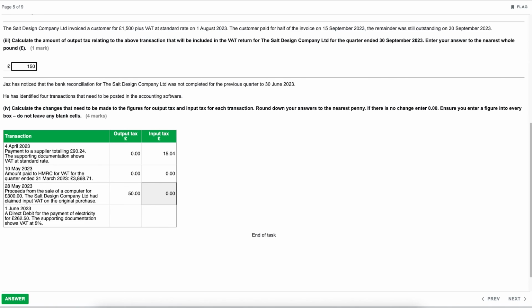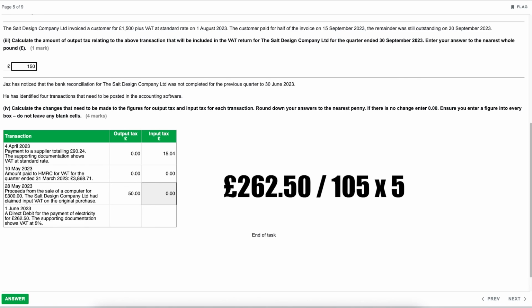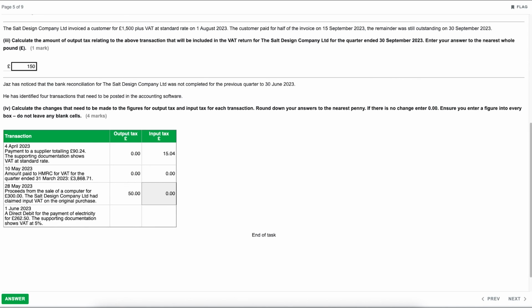However, as a reminder, to calculate the VAT on a reduced rate item, we would divide it by 105 to get 1% and multiply it by 5 to get the VAT amount, and that works out to be £12.50. Now, because it's on a purchase, it would be input tax that we can claim back. So in our output tax, we want 0.00, and in our input tax, it would be £12.50.